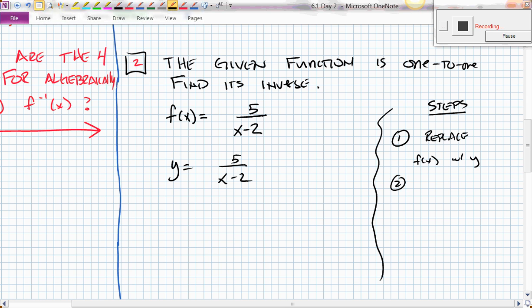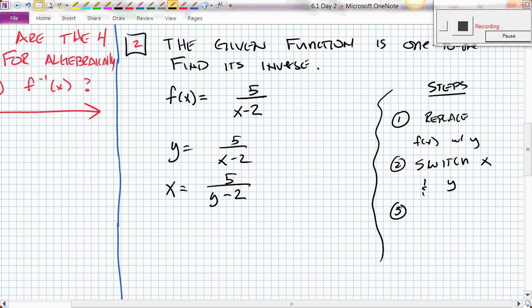Step number 2 is we switch x and y in their spots. So now x is equal to 5 divided by y minus 2. Step number 3 is solve for y.